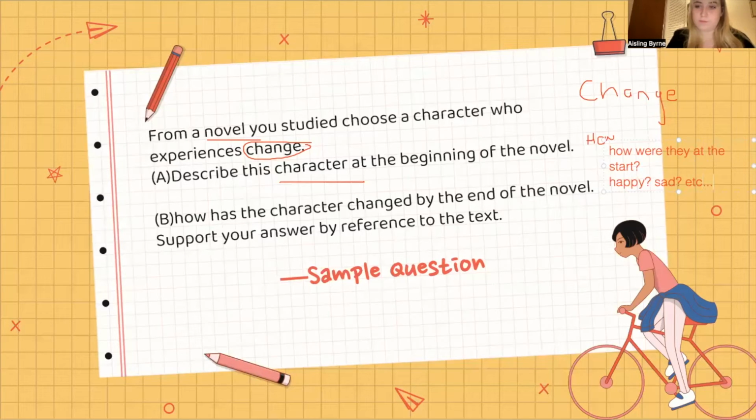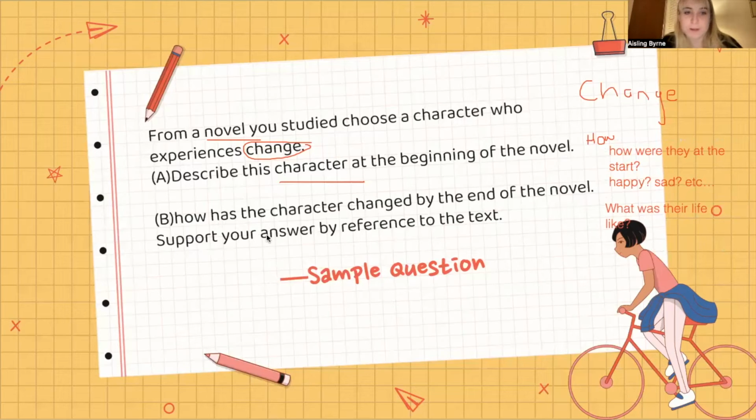Happy, sad. What was their life like? So what were they dealing with at the start of the book? Who were they?